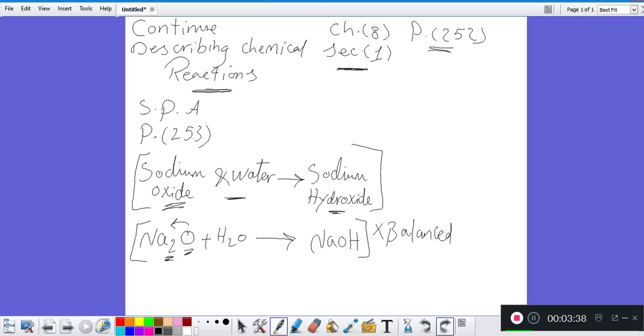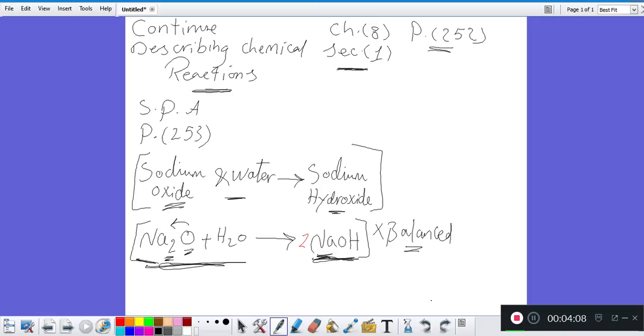Well, let's find out how to do this. We got here in NaOH definitely 1 sodium atom, but in the reactant we got 2 sodium atoms. That's why we have to add 2 as a coefficient number before sodium hydroxide. So in that case it is 2 NaOH. After adding any number before the compound or inside the compound, you have to figure out what kind of change occurs to the compound.